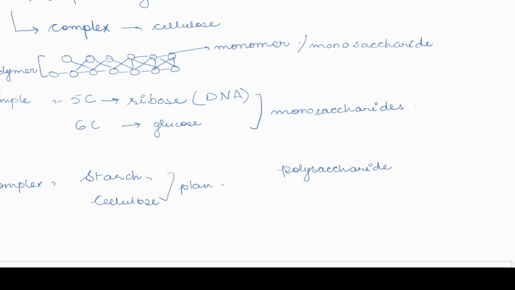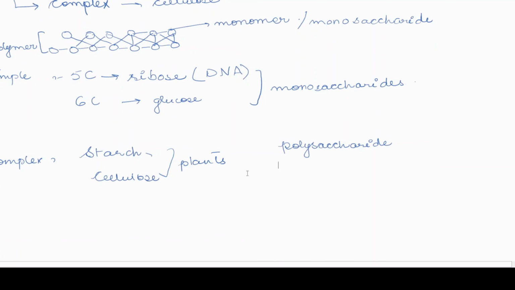What about animals? Yes, we store food. When we eat lots of sugar, all the glucose is not used up by our body. Some of the glucose or sugar is stored in our body, and that form is known as glycogen. Glycogen is stored in muscles. When we do exercise or some physical activity, these muscles break these glycogen molecules.